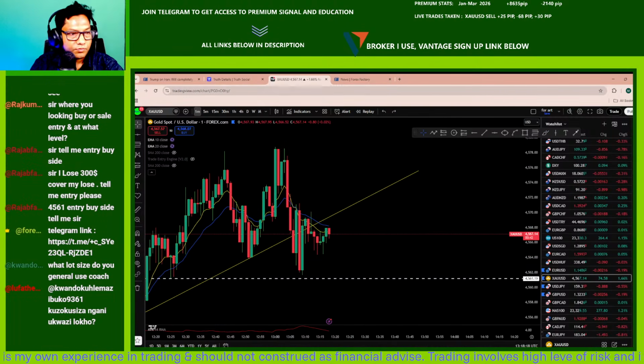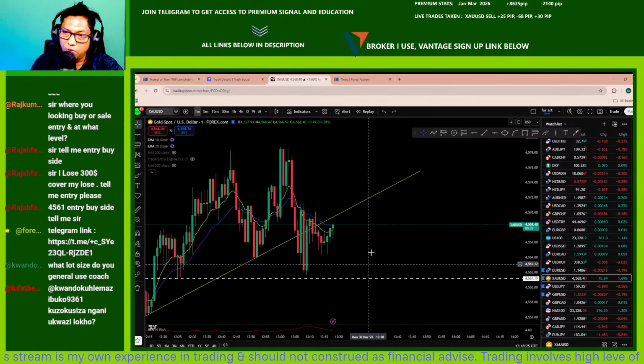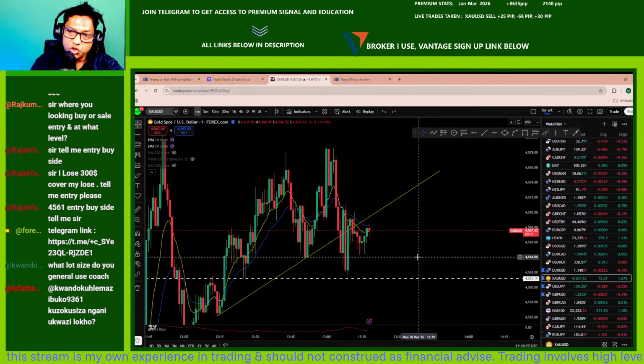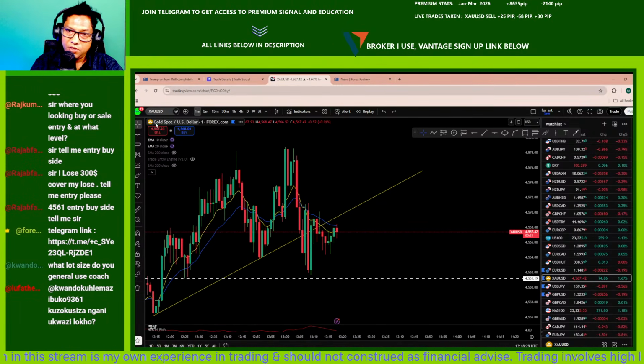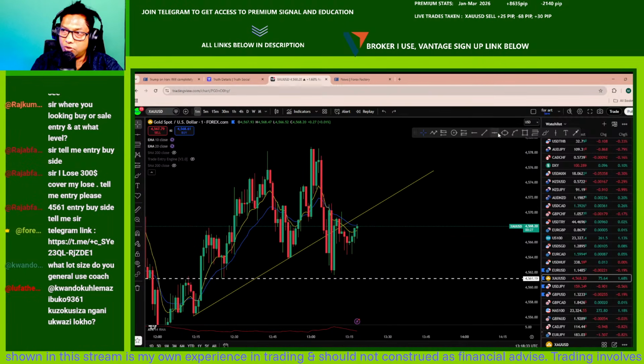Now, what I'm looking at here of this double bottom, the market might try to break that high here, which could eventually cross this zone to create a new higher high.